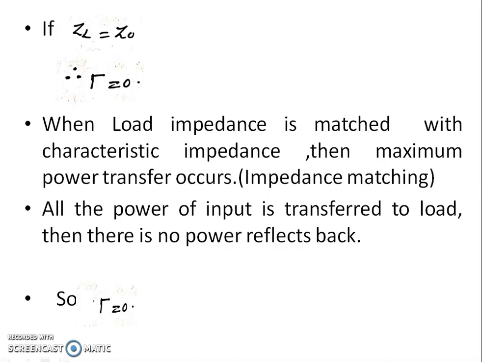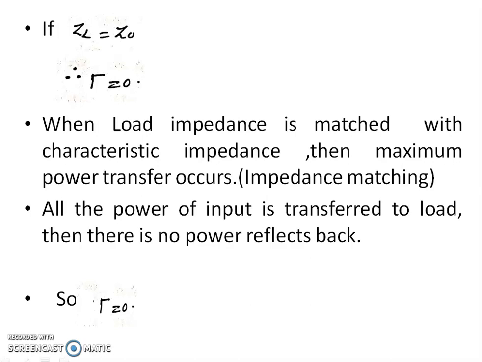We can explain this with an example: if a wave hits a wall, some part of the wave may pass through the wall and some may not pass through and reflects back to the source. In a transmission line also, some of the waves reflect and some don't. From the part of the wave that reflects back, we get the ratio, and that ratio is known as the reflection coefficient.